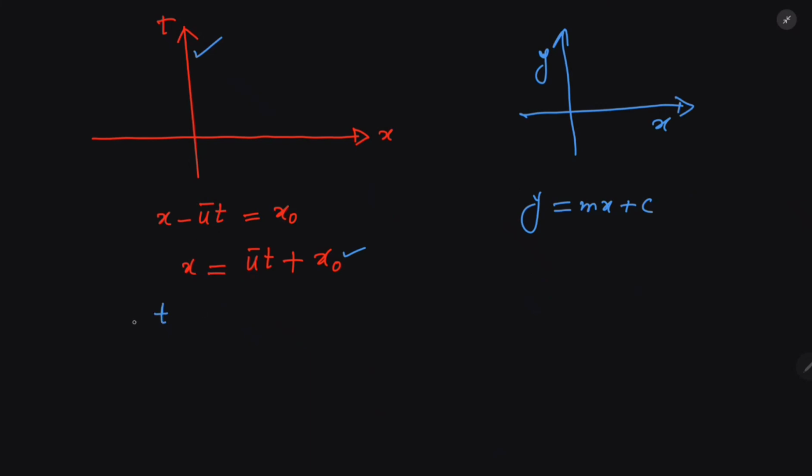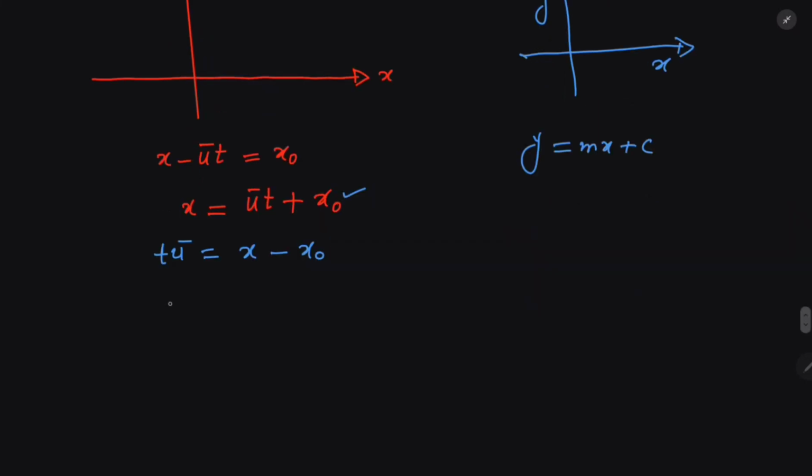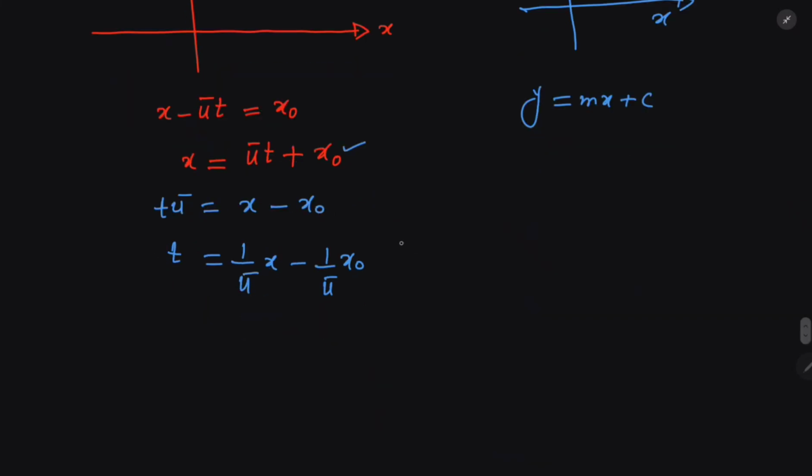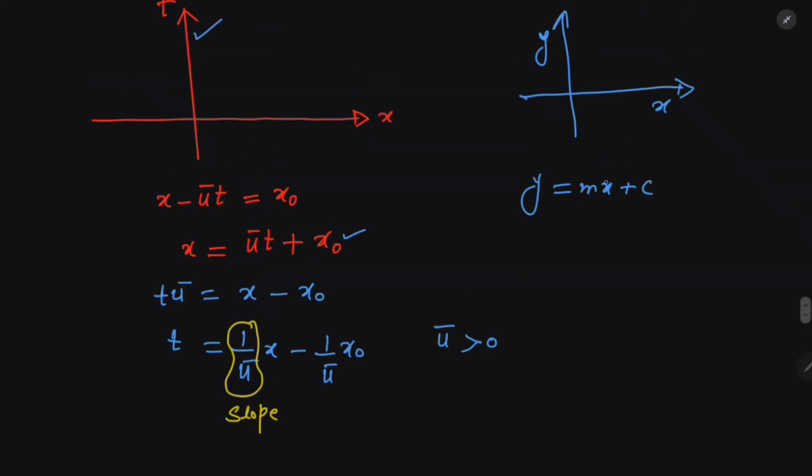So it becomes u bar t is equal to x minus x naught, and t becomes 1 over u bar x minus 1 over u bar x naught, right? Here this quantity is the slope of a line.